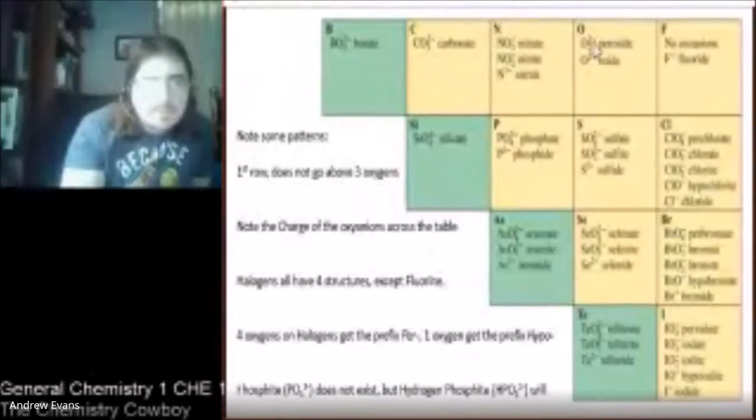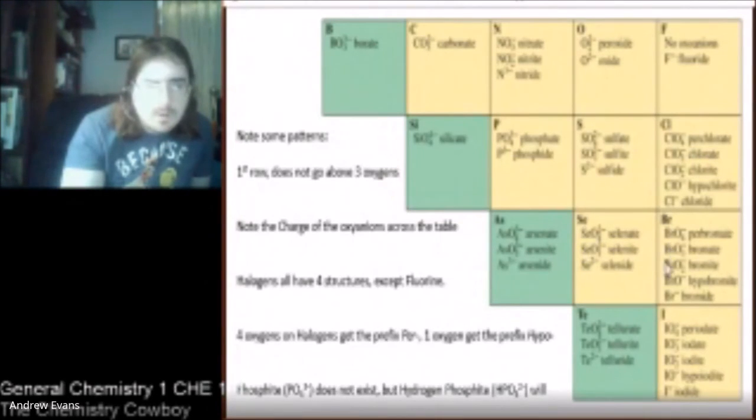Sulfur, 6 minus 8 makes it -2. And now fluorine, 7 minus 8, -1. So the charge goes 4, 3, 2, 1.